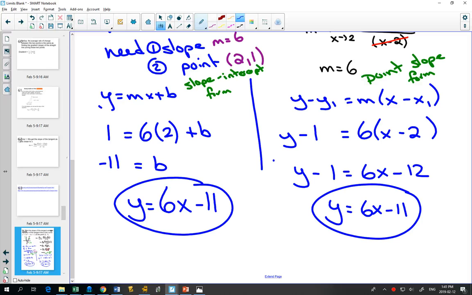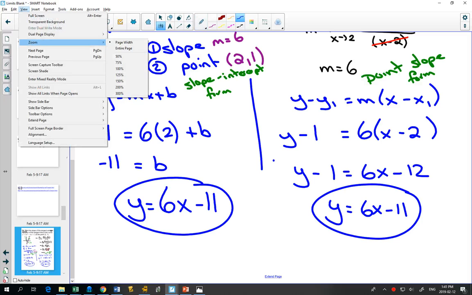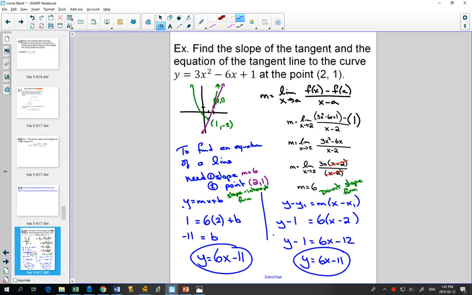So let's look back at this whole thing. What did we all find out? Well, we had a formula that says if we take the limit as x gets close to a, which is dragging that secant line closer and closer until it becomes a tangent line, we can find the slope of that tangent line.